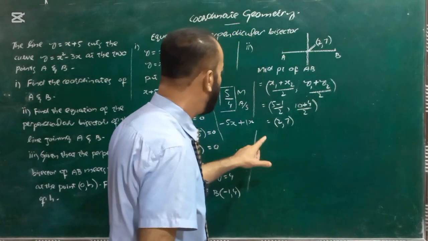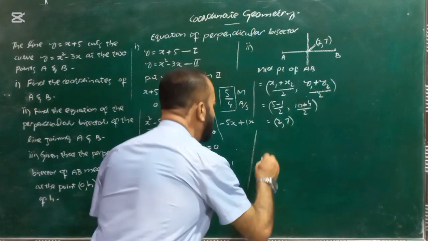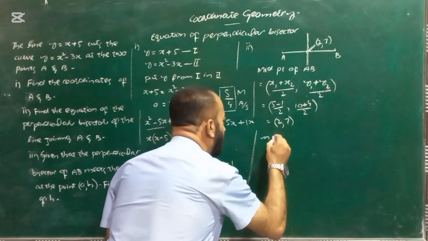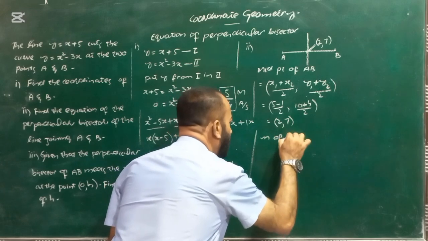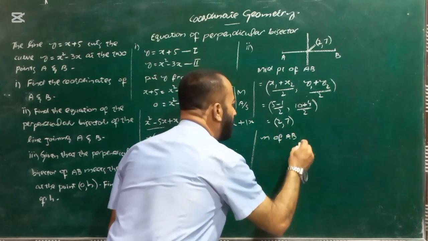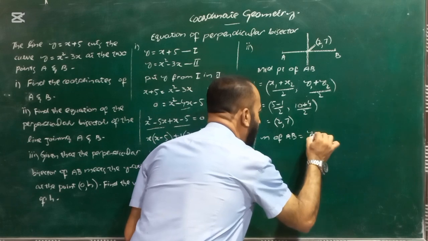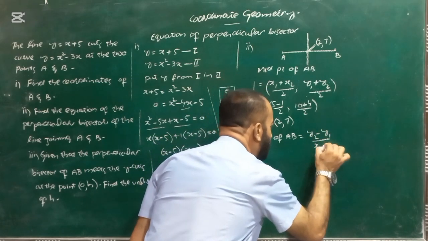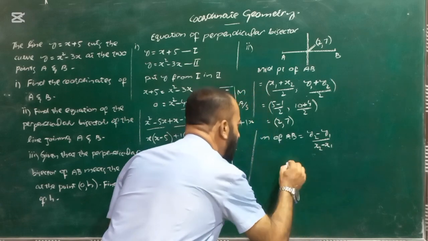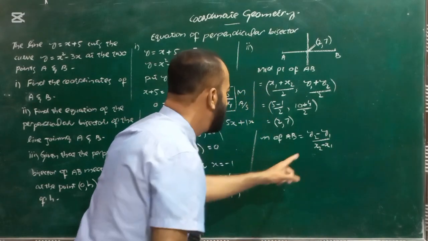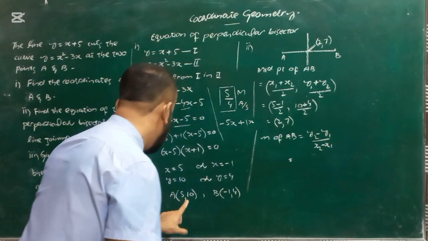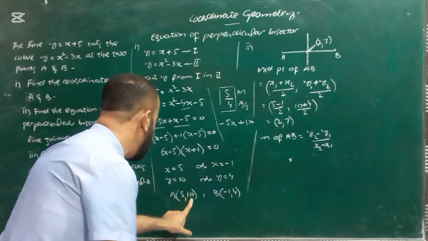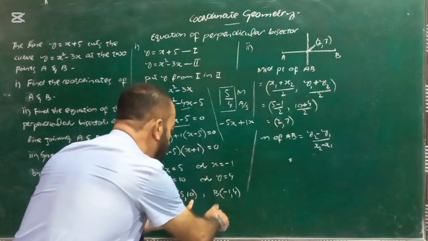So now we will find the gradient of AB. The formula will be y2 minus y1 over x2 minus x1. So putting values into the formula. Suppose this is x2, y2, and this is x1, y1.